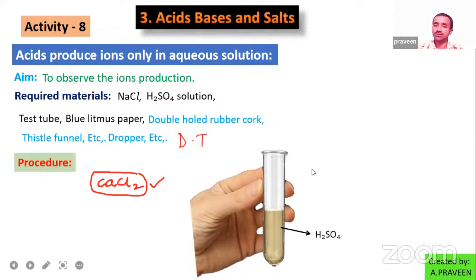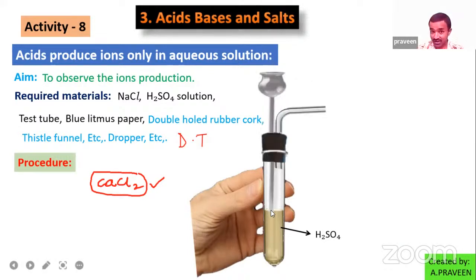See, look here, this thistle funnel tube is inserted into the liquid solution. So this thistle funnel will not allow the gas to escape through its mouth. This is the advantage of using a thistle funnel, right?